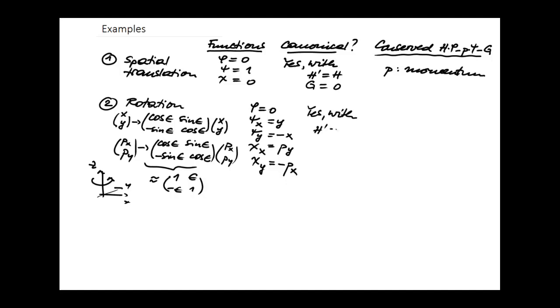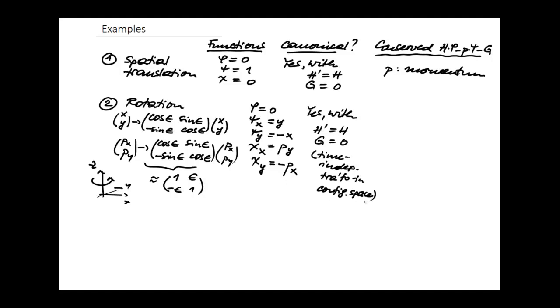H prime is equal to h, and you can verify that also g is equal to 0. This is simply because it's a time independent transformation in configuration space.